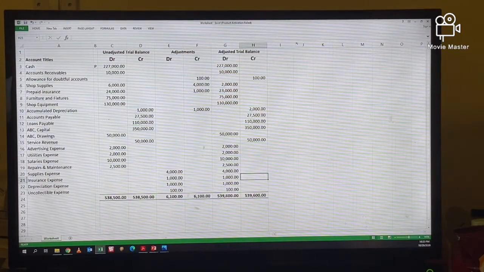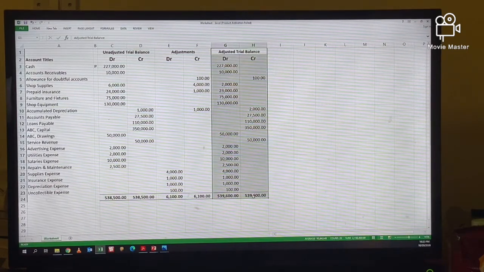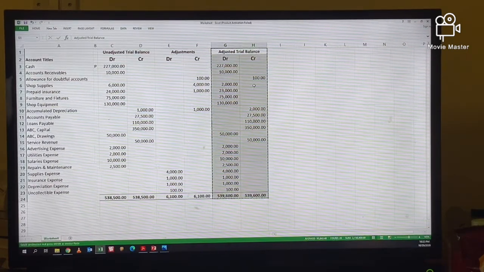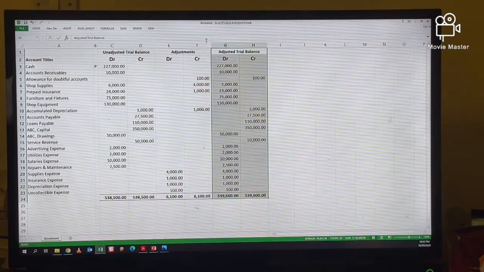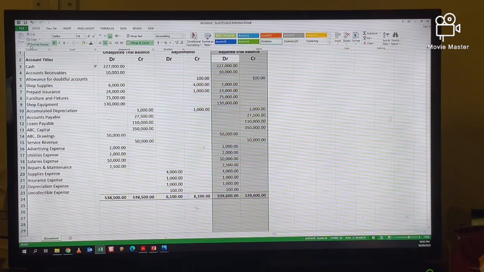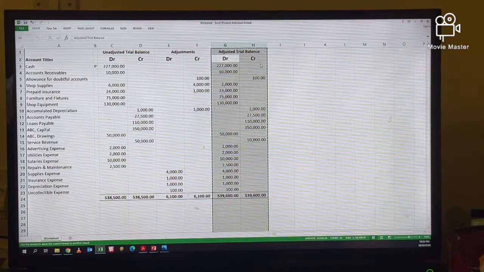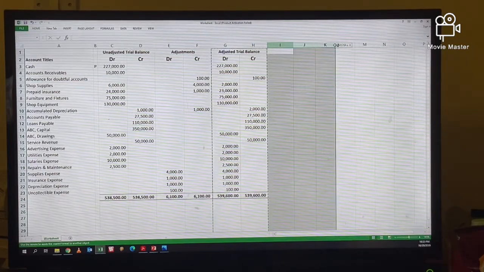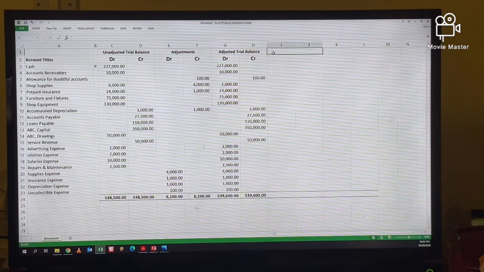Para separate, ipapakita ko lang sa inyo yung, kasi worksheet ang tawag dito. So, let's just copy this. Papakita ko lang yung separation kung alin dyan yung magiging income statement, kung aling accounts ang mapupunta sa income statement and balance sheet.